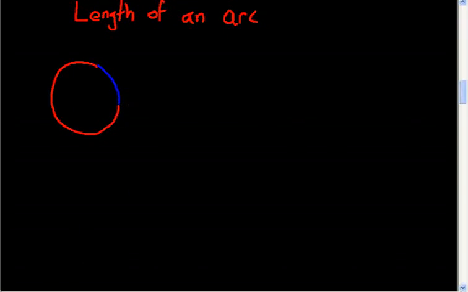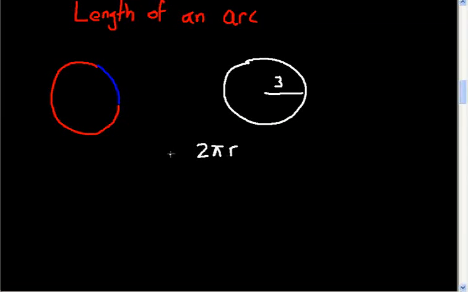Now, from primary school, you would have learned how to figure out the perimeter or the circumference of a circle if you were given its diameter or radius. So you have a circle here. Let's say its radius was 3 units. So its circumference would be 2 pi r.